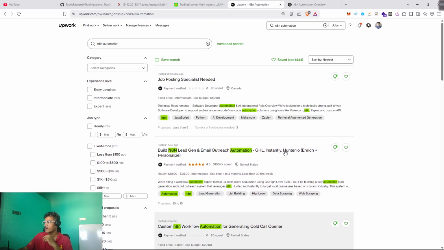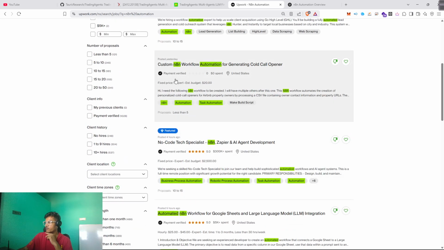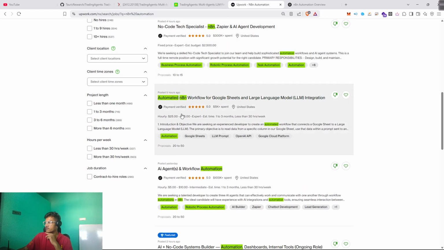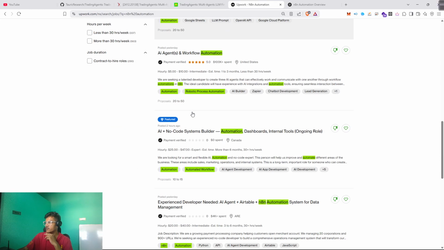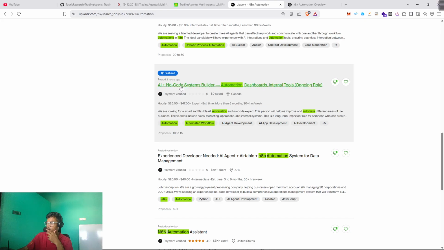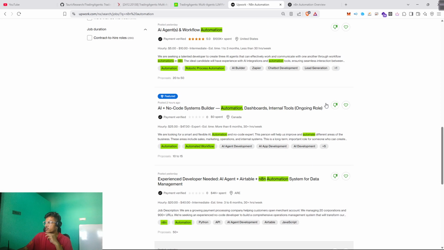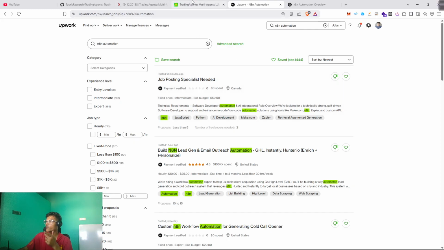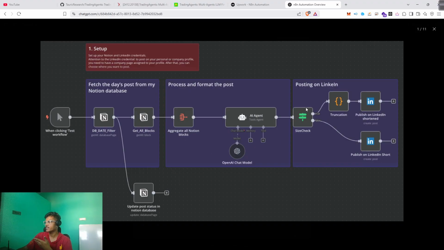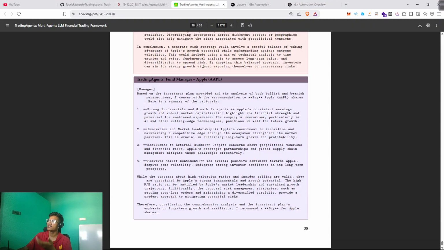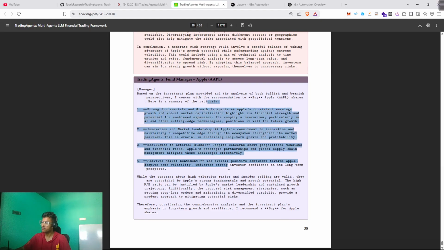This one was posted 12 minutes ago, this one 1 hour ago, posted yesterday, 4 hours ago, 5 hours ago, this one 2 hours ago. There's a load of jobs on this one, and what we are doing here is basically this automation. We will be building this agent, this workflow, and automating it.